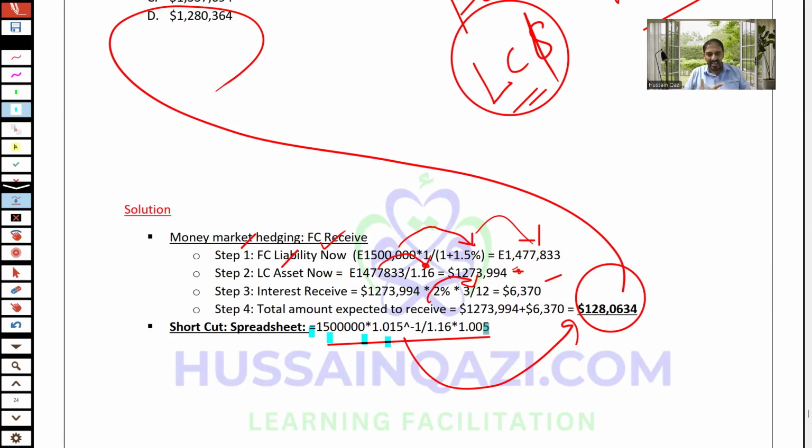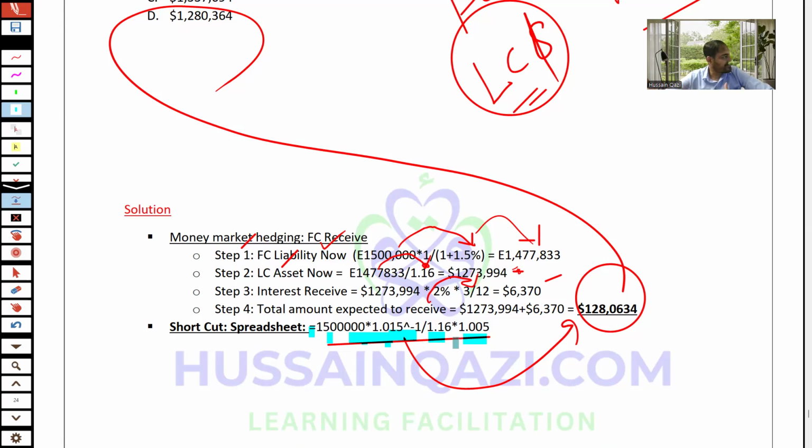In the F9 case, it's very rare to apply the shortcut, but maybe it's relevant for you. Multiply 1.5 million by 1.015 power -1, that power -1 is about the present value, then divide by 1.16, that's conversion, and then multiply by 1.005, that is about including the local currency interest rate. So all three steps in one go.